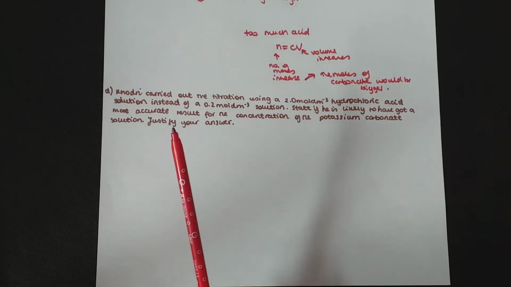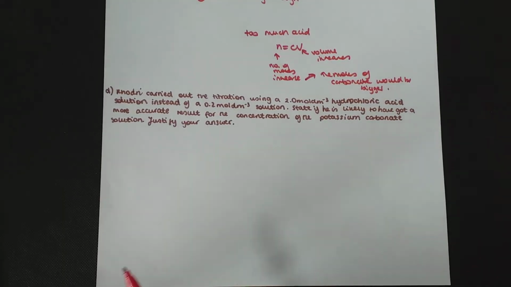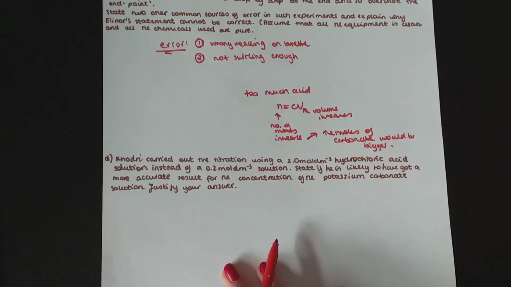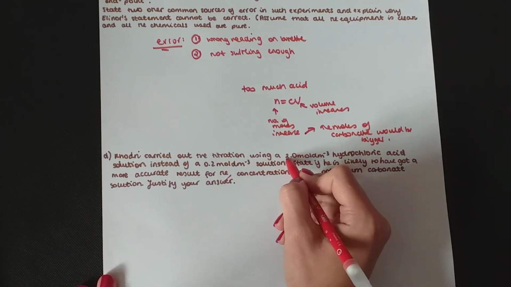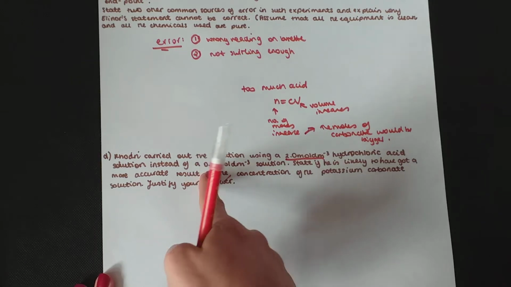So, Rodri carried out the titration using a 2.0 molar hydrochloric acid solution instead of a 0.2 molar solution. State if he is likely to have got a more accurate result for the concentration of the potassium carbonate solution. Justify your answer. So, that concentration is obviously bigger than this one.